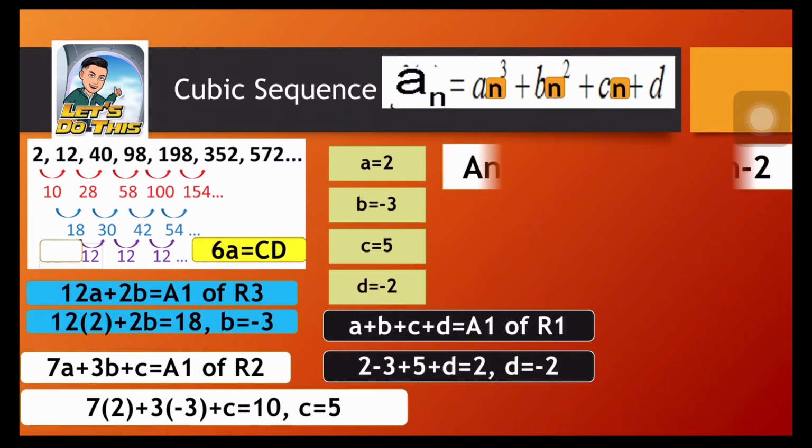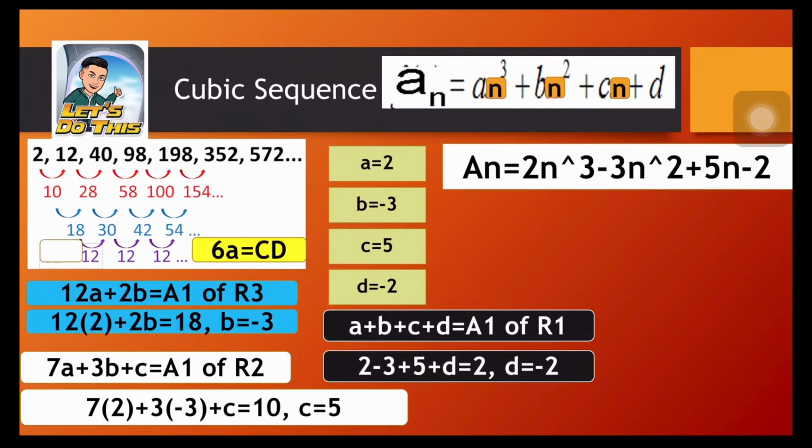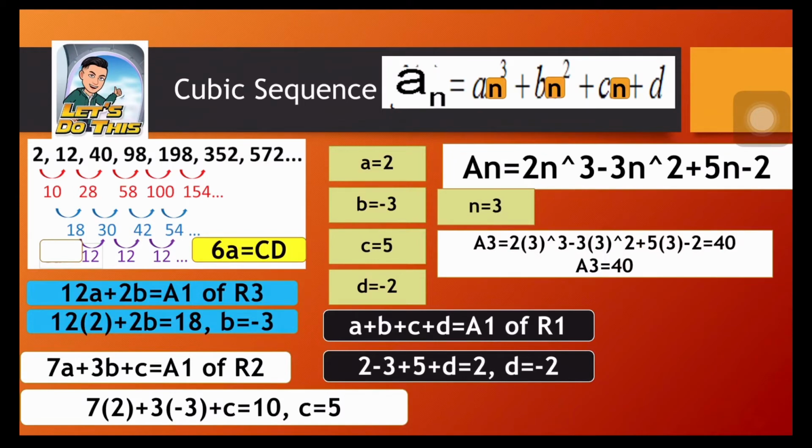We need to follow the format or the general explicit form. So we have a sub n is equal to 2n cubed minus 3n squared plus 5n minus 2. Let us check if our explicit formula is correct. Use n equals 3. Then we get 40 as in the third term.